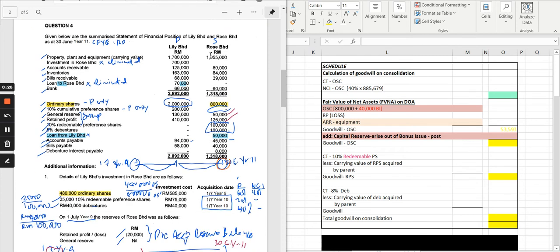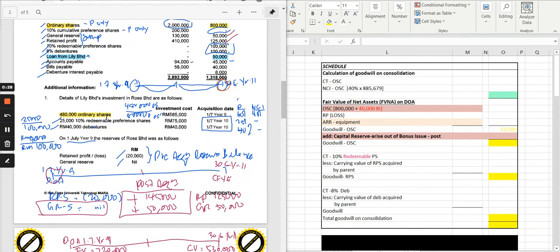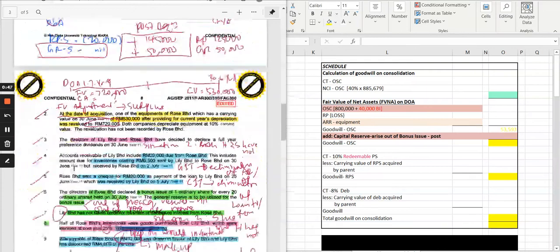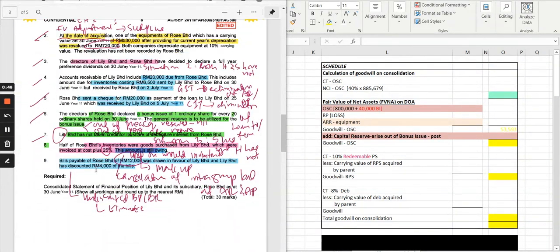We have already done the preparation of the template, and we have gone through the identification of the consolidation adjustments that need to be done, as well as looking at the intercompany transactions here, and we have identified which particular information relates to which particular consolidation issues.